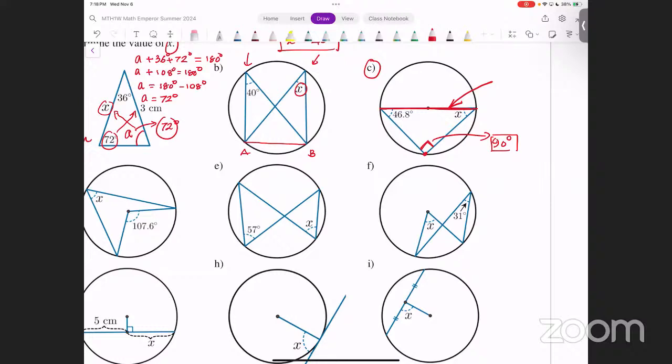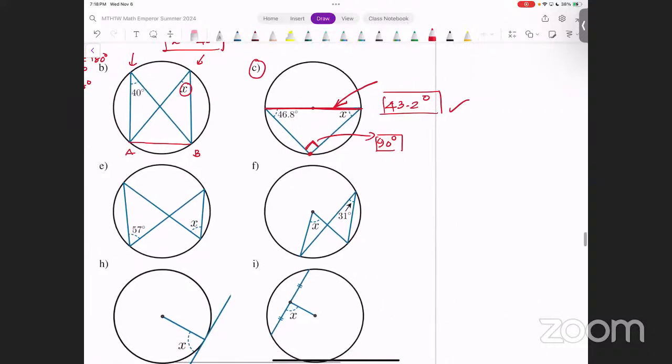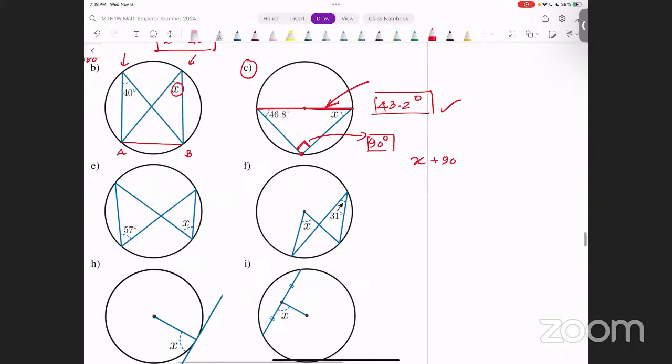All right. What did you get? 43.2. That's right. X must be 43.2. Everyone seen that? Because we know x plus 90 plus 46.8 is 180, isn't it?